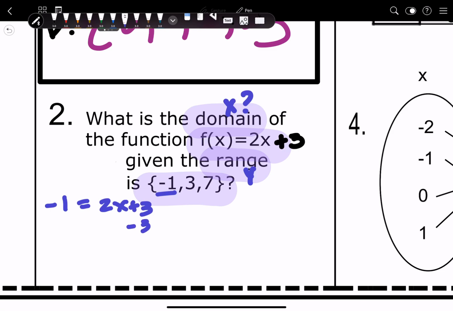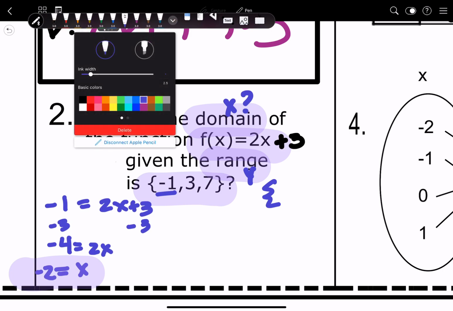So I subtract 3, you have negative 4 equals 2x. Divide that by 2, and x is going to equal negative 2. So far our domain, we've got a negative 2 here. And now we're going to keep going with the rest of them.